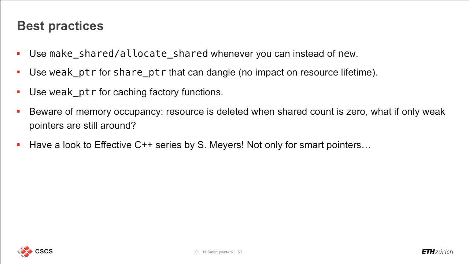Again, if you have a pointer that can at some point point to a memory allocation that has been deleted, the weak pointer is a good choice, because in this case you will not introduce any impact on the resource lifetime, and at the same time you will be able to have a look at the pointed resource, so that using the weak pointer you can create a shared pointer if the resource is still alive, and otherwise you're able to see that the resource has been deleted, for example.